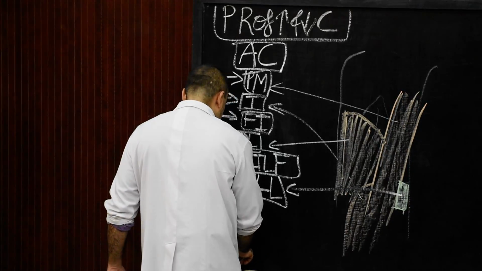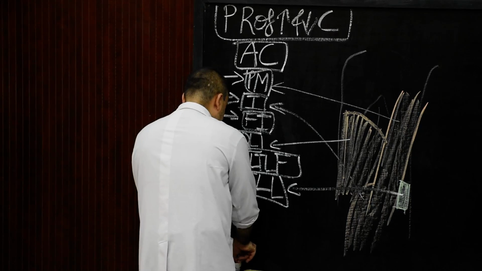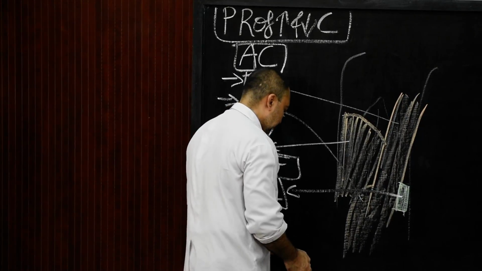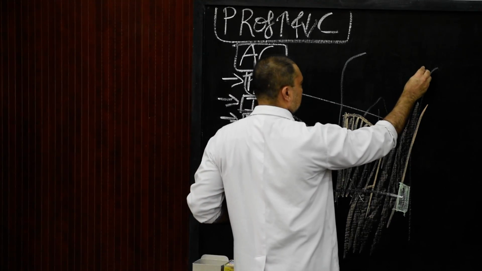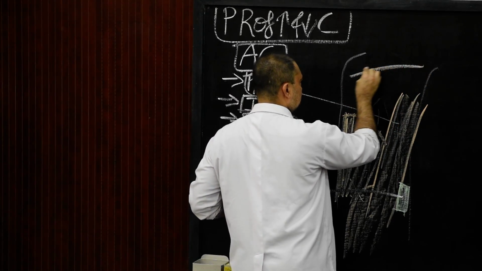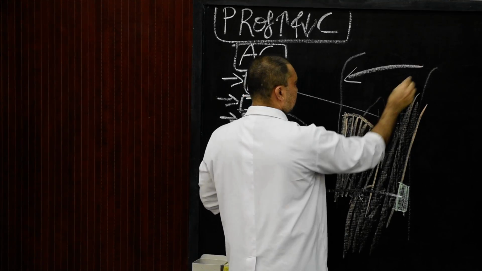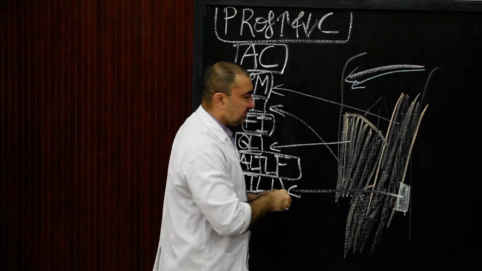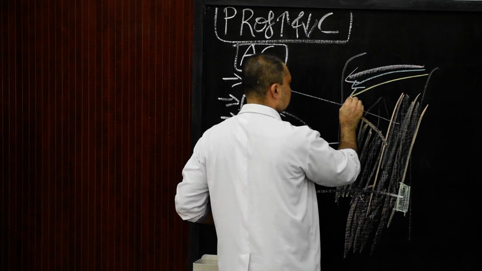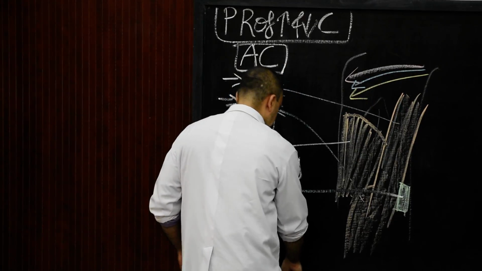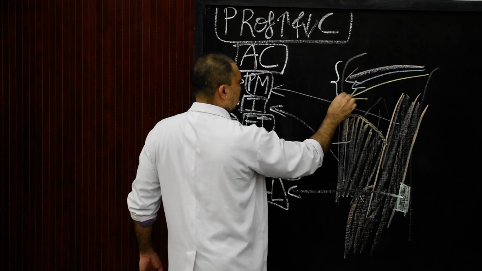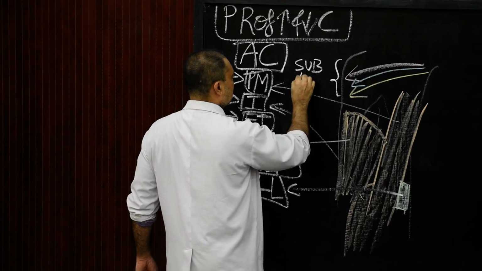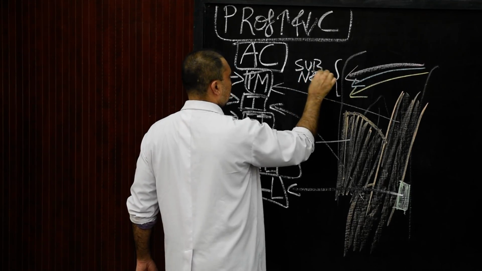First of all, there will be subcostal nerves and vessels. Here I will draw on this side the subcostal nerves and vessels. All the three structures I will draw like this, and I will name these structures as subcostal nerves and vessels.